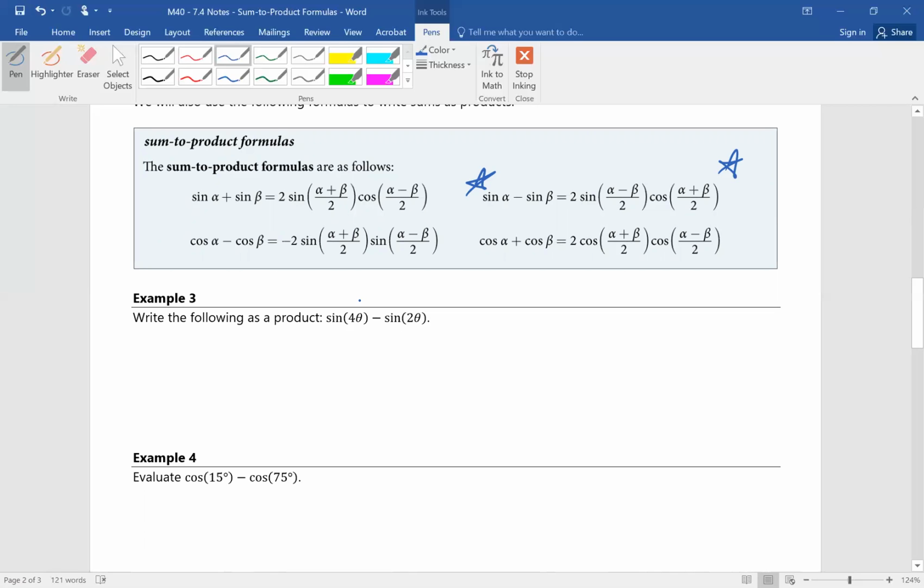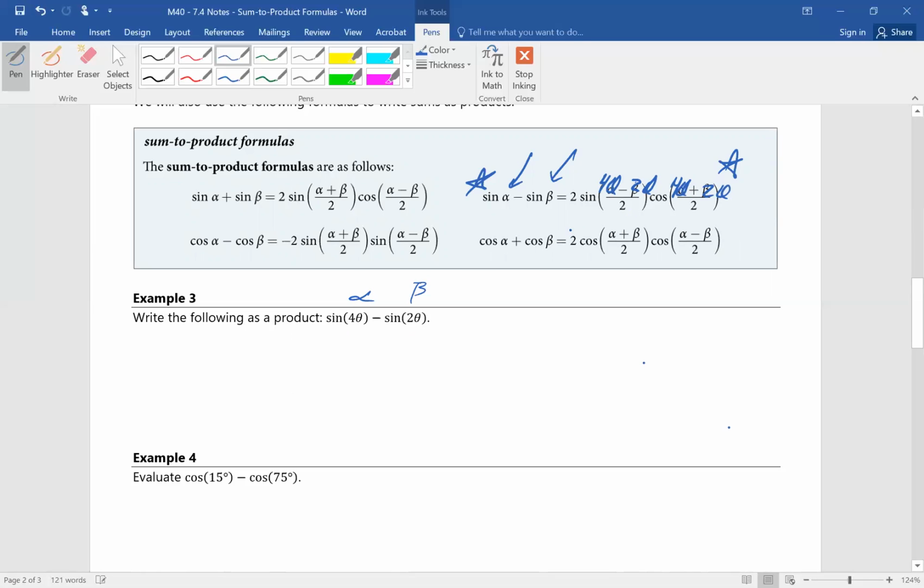But if this is my alpha from there, and this is my beta from here, all you have to do is throw in 4 theta everywhere you see an alpha. So watch, 4 theta. I'm cheating right now. 4 theta. And all you have to do is throw a 2 theta where you see a beta. 2 theta. Can you see that?